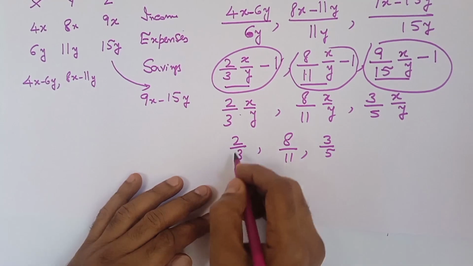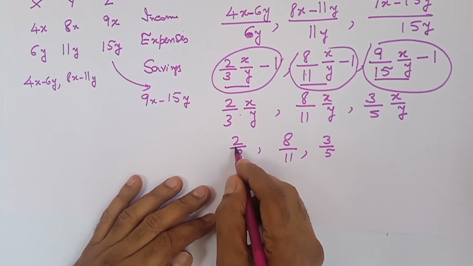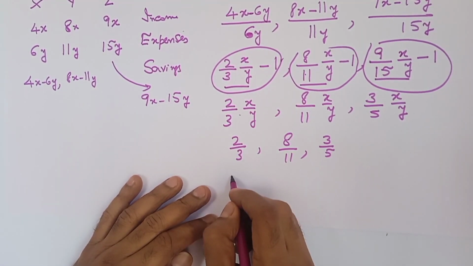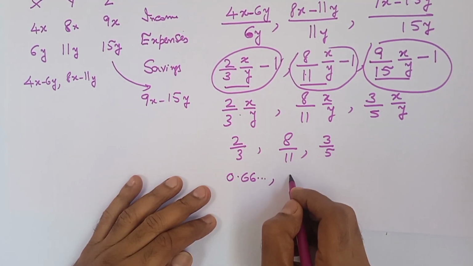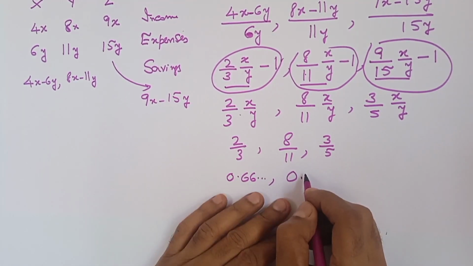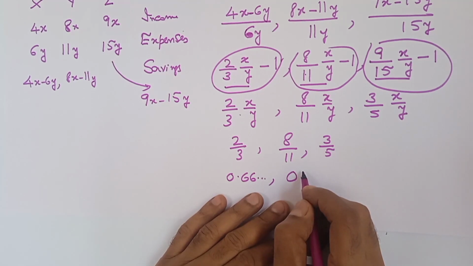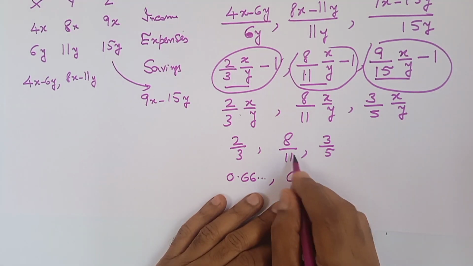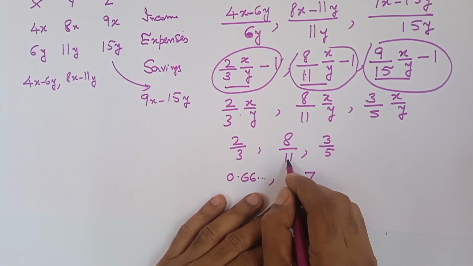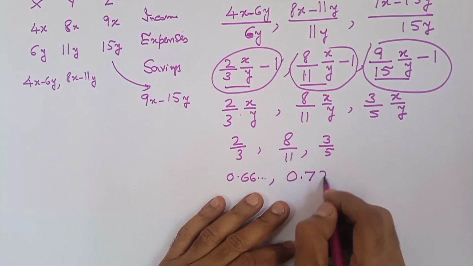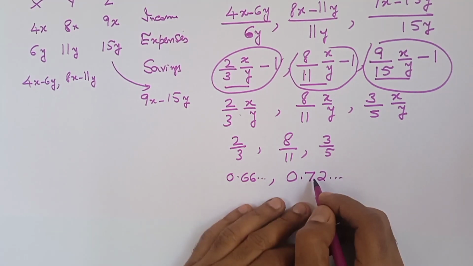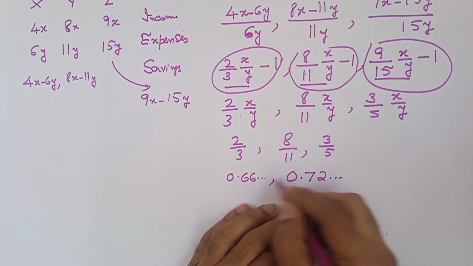So to compare, you write their decimal values. 2 by 3, as you know, is 0.66. This will be 0.72, 0.77. You don't need to make it so accurate because already 6 is there.